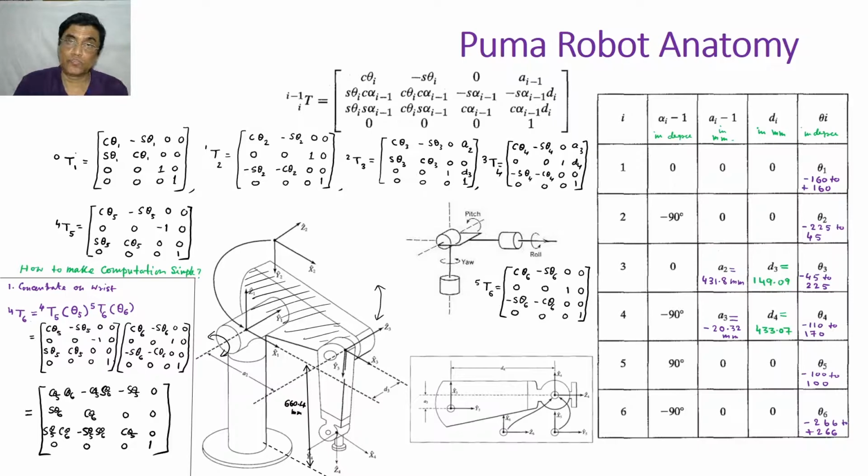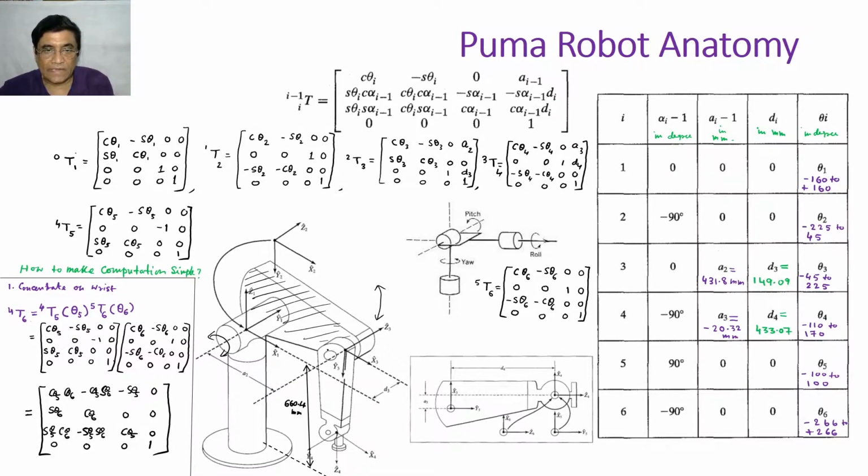Otherwise, control and modeling will be very difficult. So the shoulder joint has 1 degree of freedom. What is that? It is the motion about this axis, so the shoulder can move up, down.